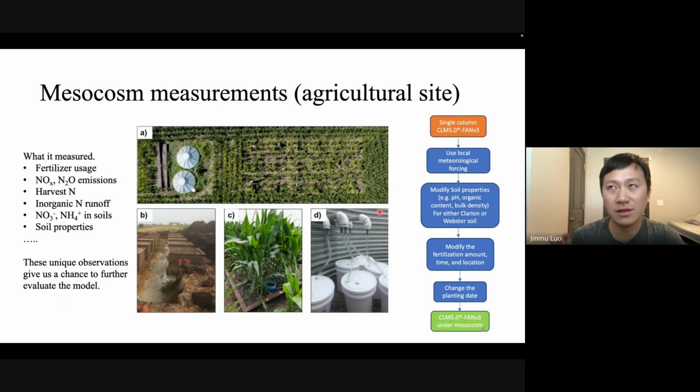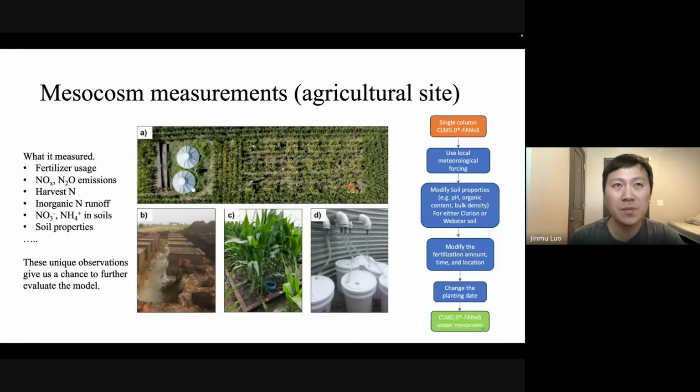It can provide nitrate leaching at one place, as you can see from graphs B and D. It can collect the leaching under the column. So this observation is really helpful in evaluating the CLM leaching. But unfortunately, this observation couldn't provide a denitrification flux size. It is very hard to observe.